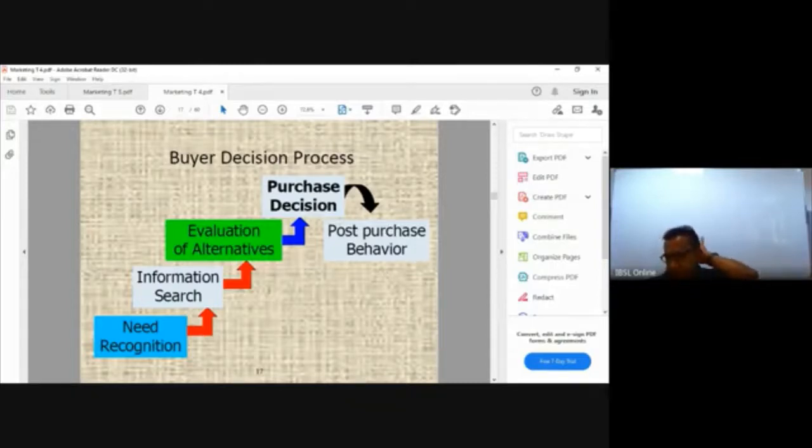But if he is not happy with the product or service he has purchased, there will be negative behavior, negative communication with regard to that product. So these are the logical steps followed by individuals when they want to make a purchase. It's very much applicable in your day-to-day life, right?